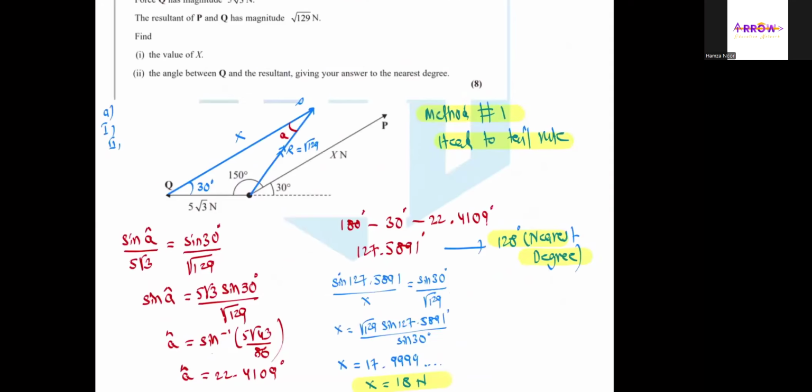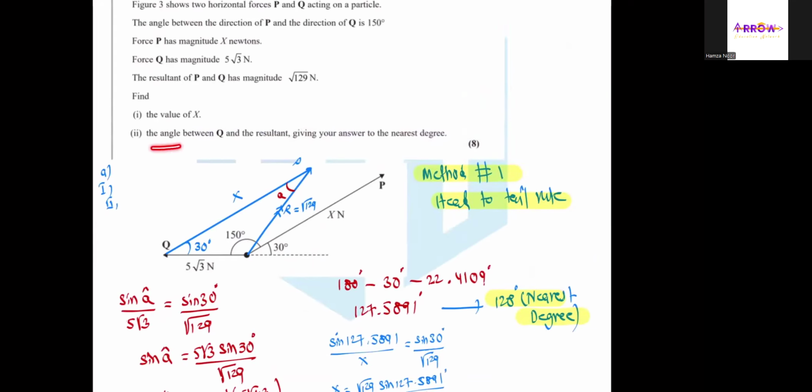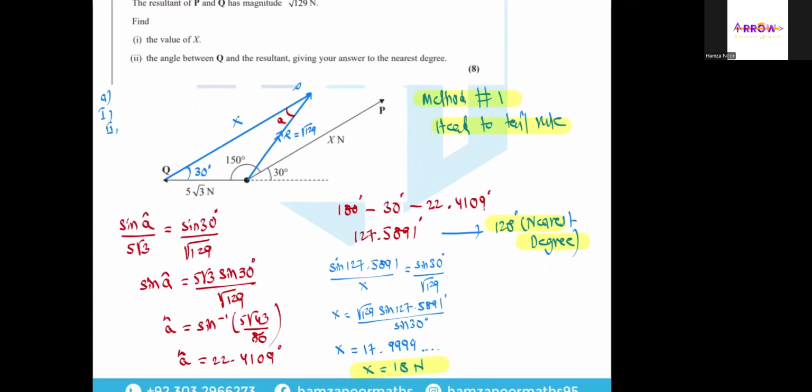So first of all, I attempted part 2. I found this angle, according to the requirement of part 2, the angle between this Q force and the resultant force, which is obviously an obtuse angle, 128 degrees correct to the nearest degree.